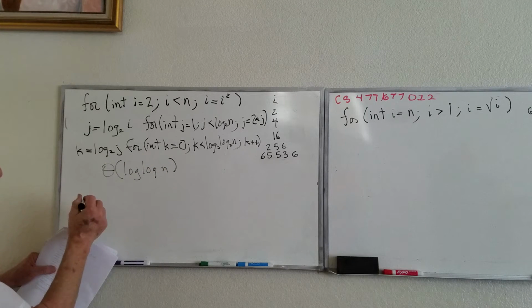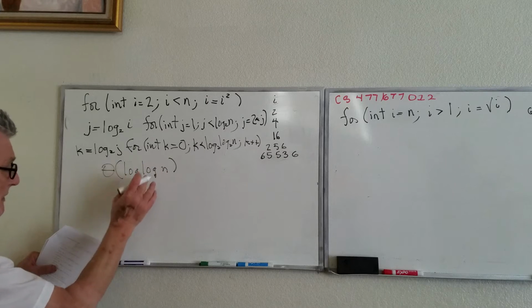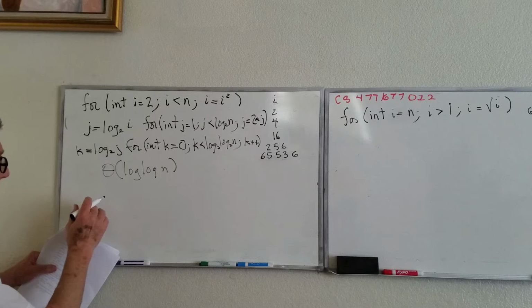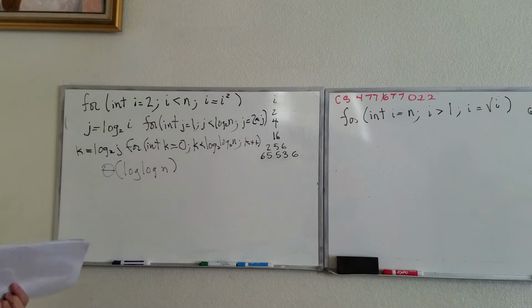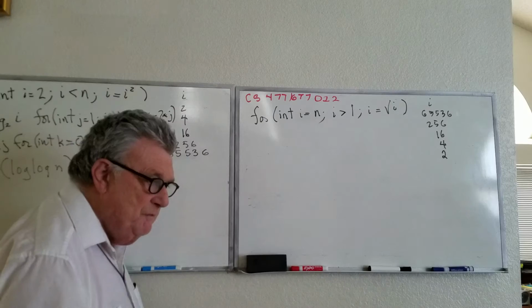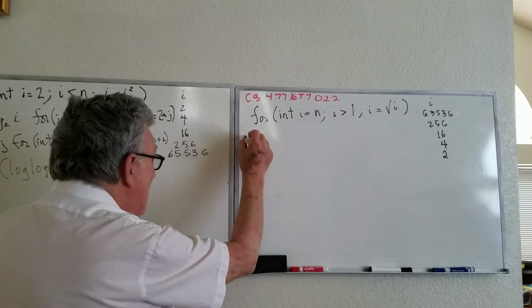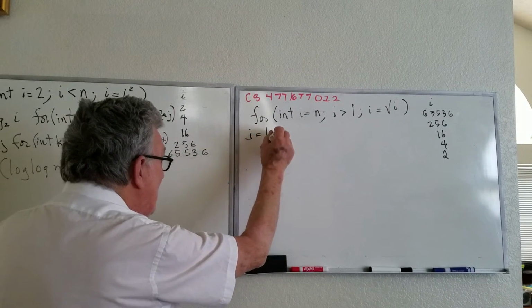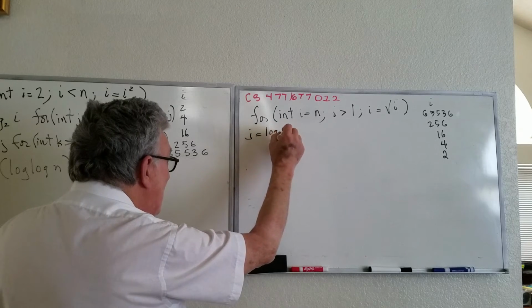No, log n. And so that's actually the answer then. That's the final answer. All right, let's go over to this one. Well, we're going to do the same substitution. j equals the base 2 logarithm of i.